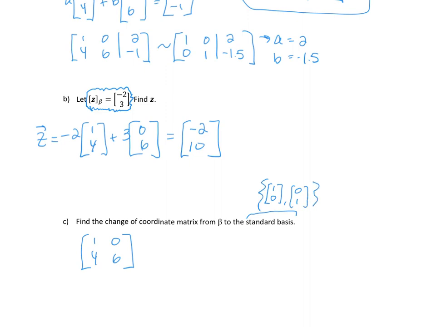So if I'm given the coordinates with a weird basis, a non-standard basis, and I want them in terms of the standard basis, all I have to do is multiply the change of coordinate matrix by the non-standard coordinates, and you get negative 2, 10, which is with respect to the standard basis, 1, 0, 0, 1. So that's your typical left 2, up 10 coordinates.